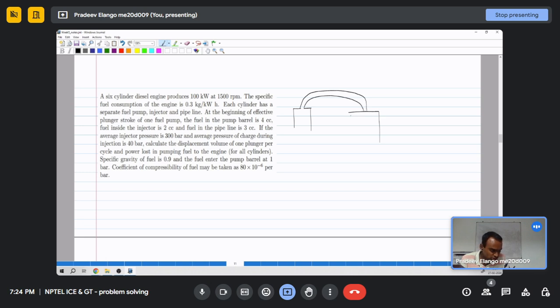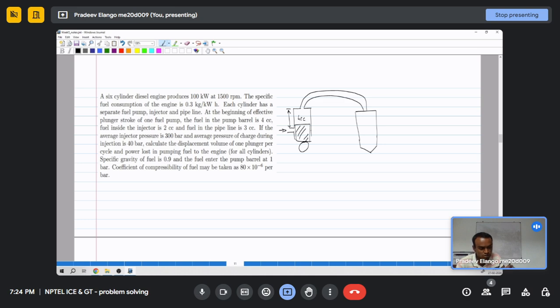So I'll just draw the injector like a cone, and this will have a port like this, so fuel can go inside here. Now the plunger, this is a plunger, and that will be driven by a cam. When it's in its effective stroke, from this point to this point, the volume of fuel in the pump barrel is 4 cc.